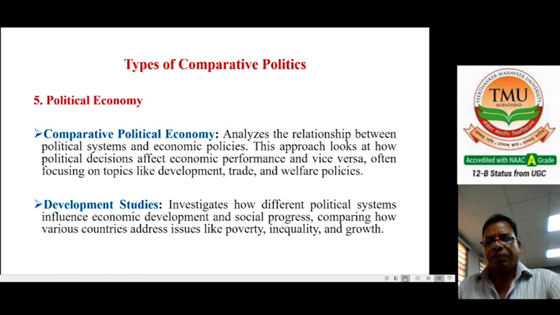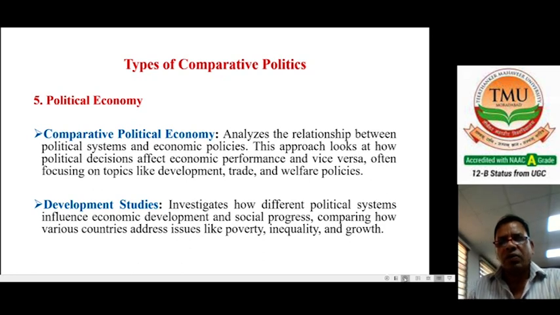It investigates how different political systems influence economic development and social progress, comparing how various countries address issues like poverty, inequality, and growth. That means when we're talking about development study, there are different political systems. Somewhere there is a democratic setup, somewhere maybe an authoritarian system, somewhere maybe a military system of government, and there is their social progress.